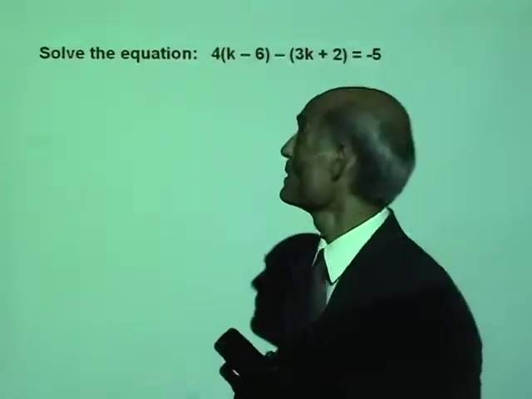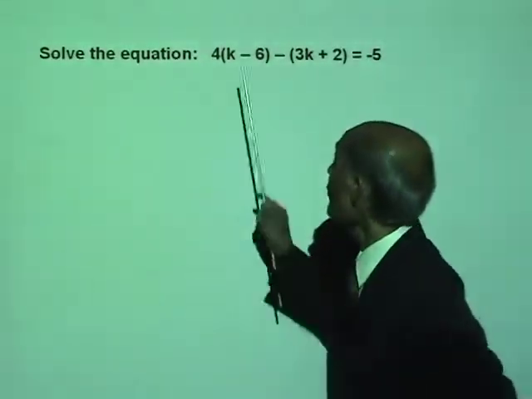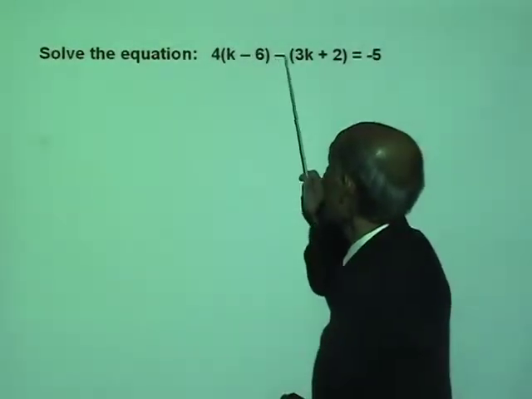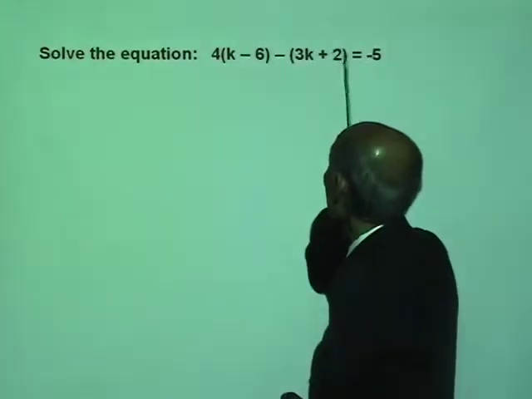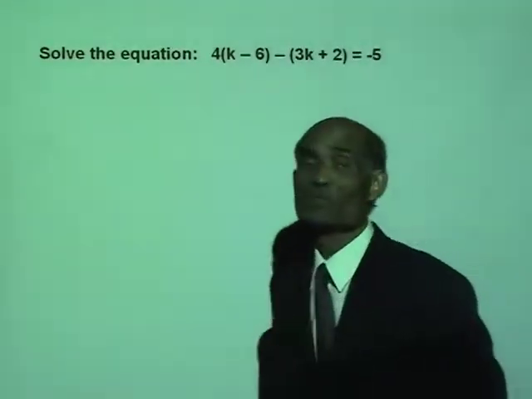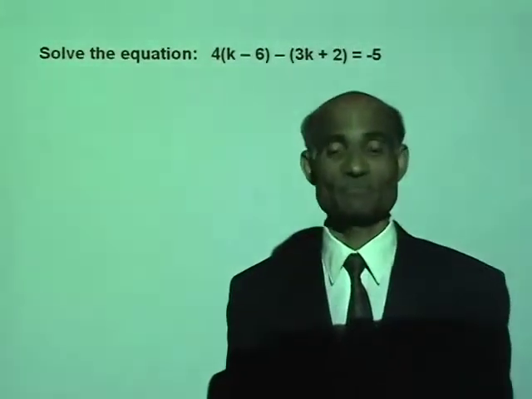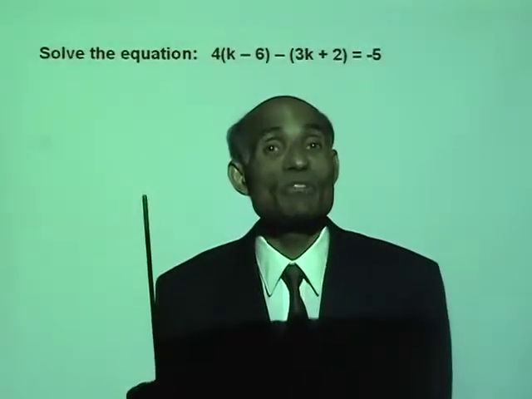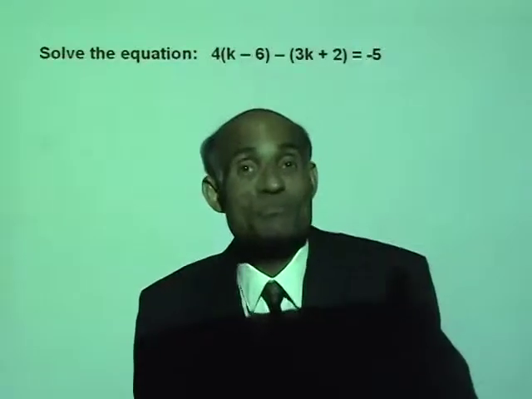Let's do another one. Solve the equation. 4 times k minus 6 minus 3k plus 2 equal to negative 5. Well, obviously, if you want to do anything with this, we need to distribute.